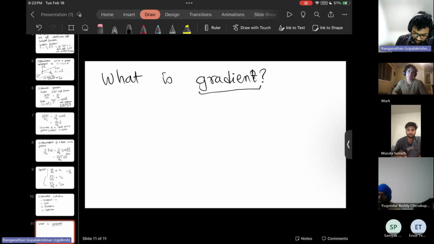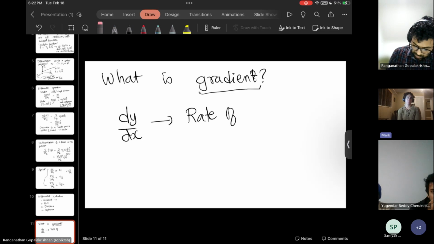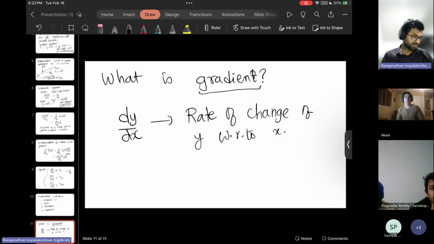You know what a derivative is: dy over dx. We know this from high school. It's the rate of change of the quantity y with respect to x. We've learned this so many times, right?